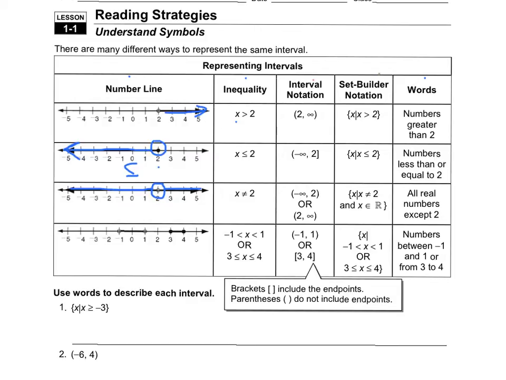And the last one, we have 2 separate ones. This one right here, the shading is in between those 2 numbers. So that's where the x goes when we write our inequality right here. We write the low number, which is -1. Here it is. We write the high number, which is 1.